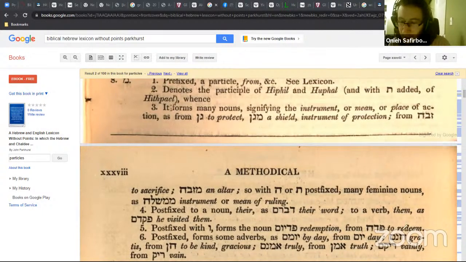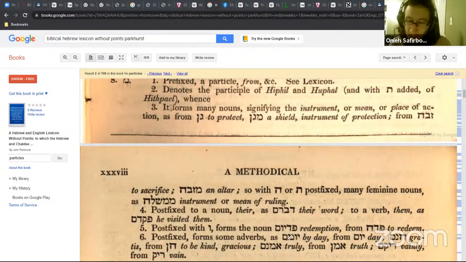See how it's shun? So redeem is pade, but padium is redemption because you're making it into an adverb. So the shun added, just like in English, we add shun to many different things. Information, adoption. So at the end it makes it a shun in certain cases.